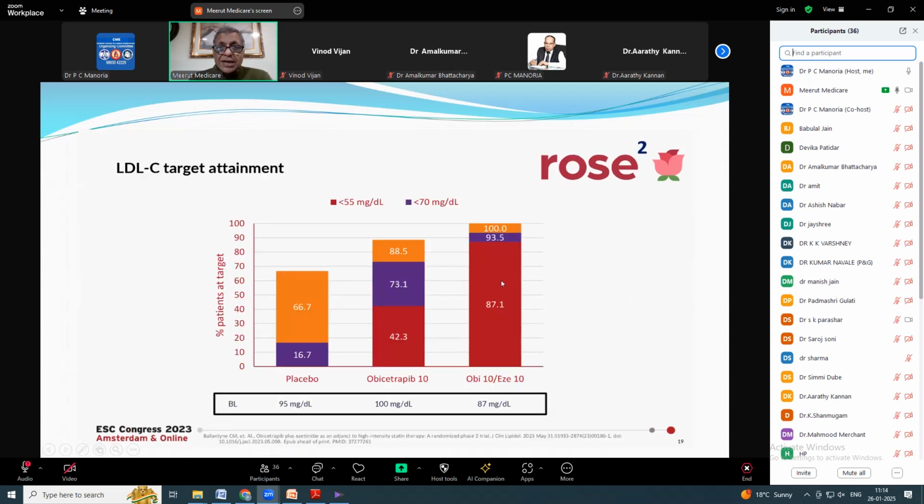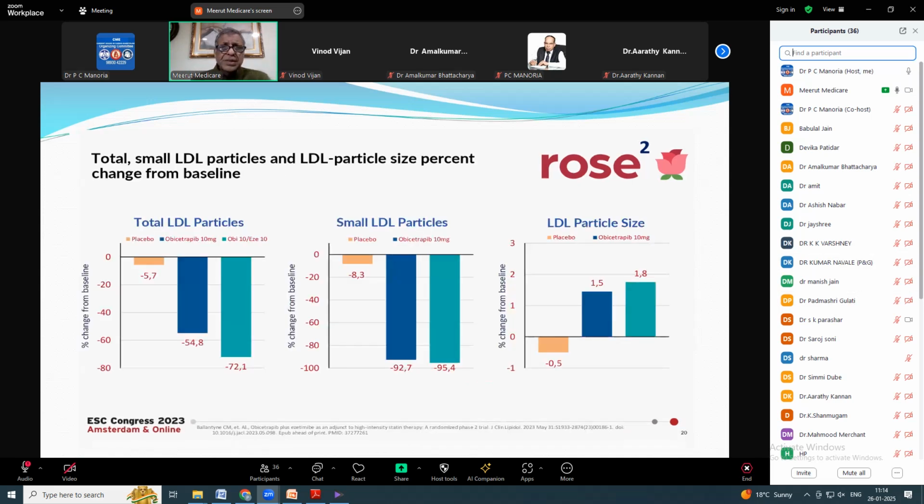If you look at different baselines, with 10 milligram, 42% of patients became less than 55, and when you use 10 milligram of obicetrapib and ezetimibe, it rose to 87% achieving less than 55. So it's a very, very good combination.